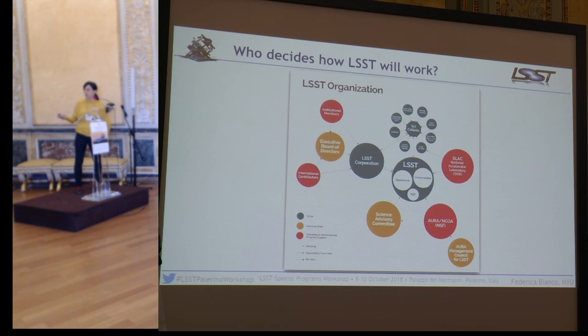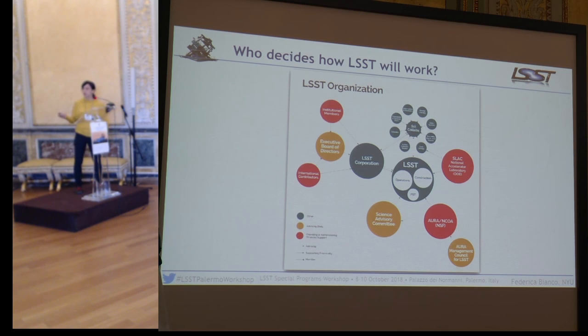And I just wanted to point out that if you are here, you have the ability to influence LSST in two capacities. Because you are an LSST member, through the LSST Corporation, you're a member institute, and you directly vote into the executive board to directly make suggestions to the project through the LSST Corporation.